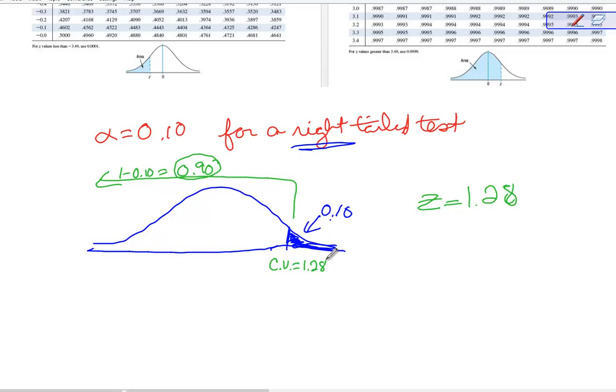And most of the time, wherever I put it on my chart, I will label it as the critical value, 1.28, because later on we will actually be calculating a Z for a test value, and so we'll want to know exactly which one's the critical value and which one's the test value. So I'll always put CV for critical value.